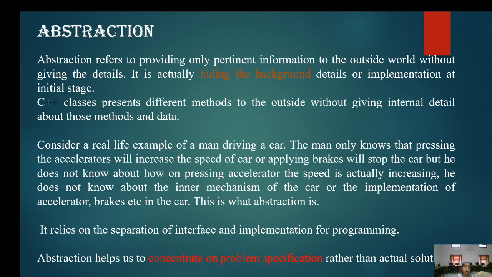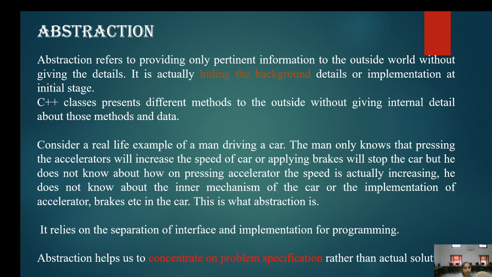First thing now is abstraction. Abstraction is possible due to classes. Abstraction refers to providing only pertinent information to the outside world without giving the details. It is actually hiding the background details or implementation at the initial stage.